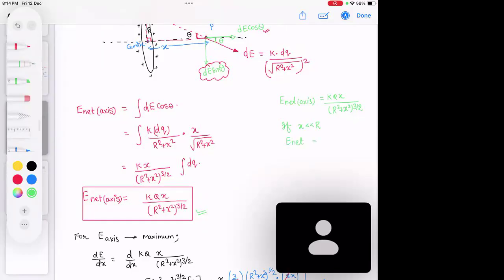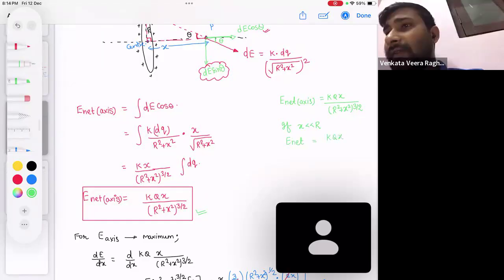The field will become kqx divided by, since x is very small, r square if I take it common, r square to the power 3 by 2 is r cube, and 1 plus x square by r square to the power 3 by 2. And after binomial approximation, can I write it as kqx by r cube?